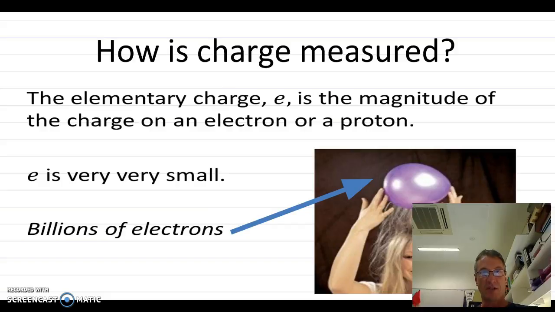So how do we measure charge? Well, the elementary charge, which is the charge on one electron, is very, very small. There are billions of electrons transferred from a balloon when it's rubbed on someone's hair.